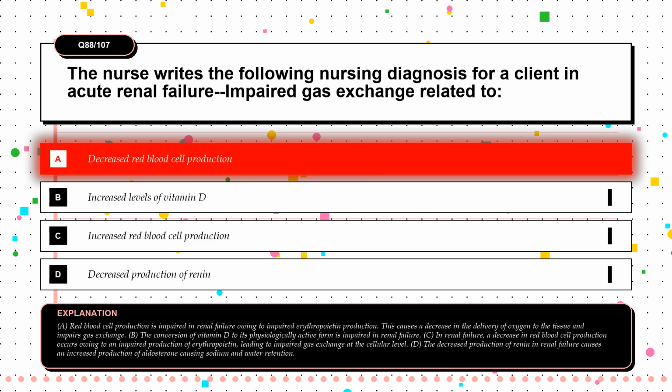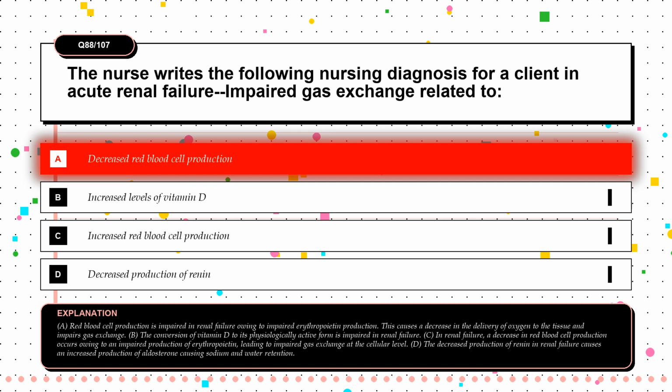A. Red blood cell production is impaired in renal failure owing to impaired erythropoietin production. This causes a decrease in the delivery of oxygen to the tissue and impairs gas exchange. B. The conversion of vitamin D to its physiologically active form is impaired in renal failure.